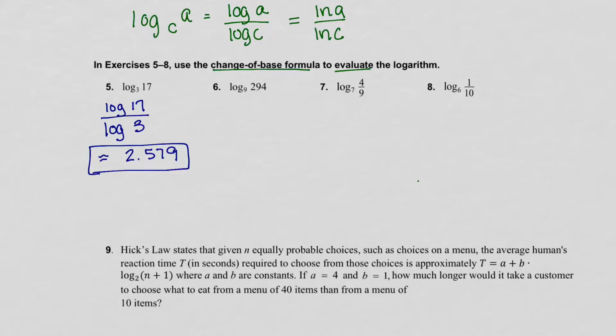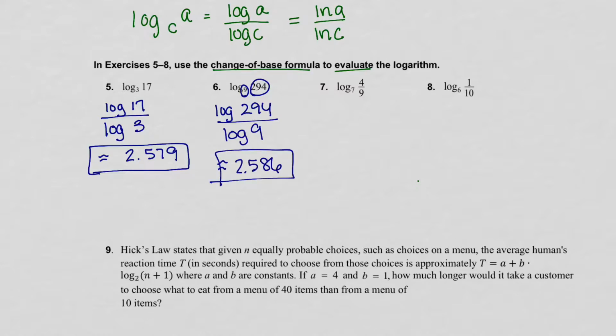And it's just as simple as that. I'm going to take the big number divided by the little number. So log of 294 divided by log of 9. And here the fraction doesn't matter, so it's log of 4 over 9, and you'll divide that by the log of 7.